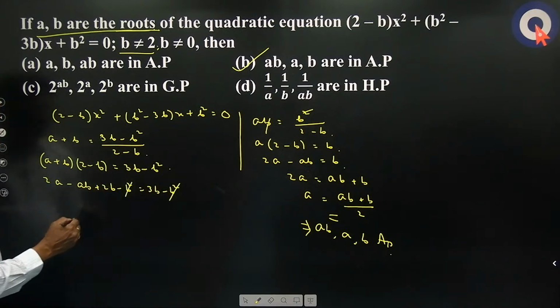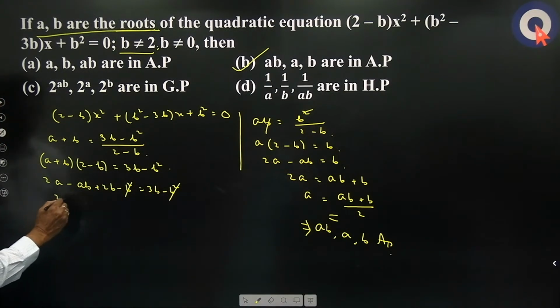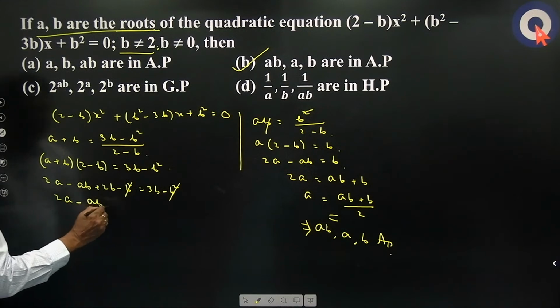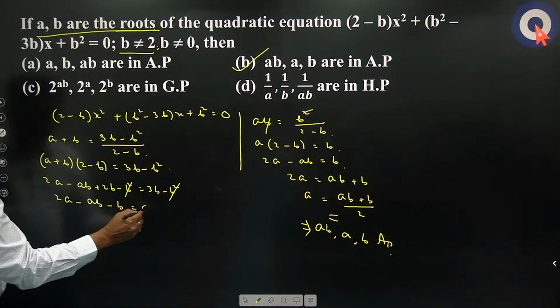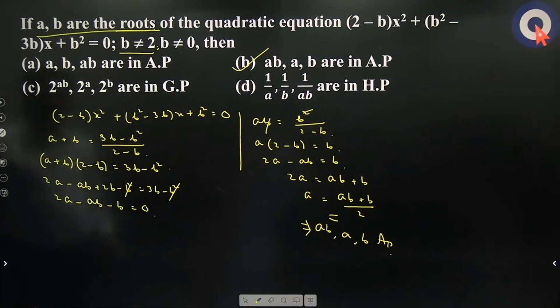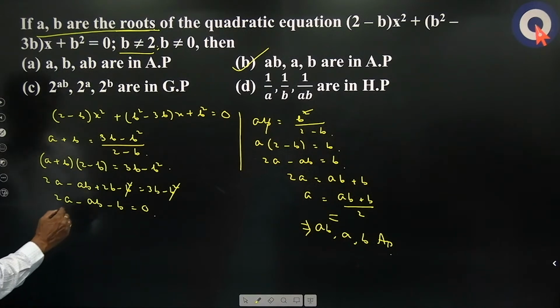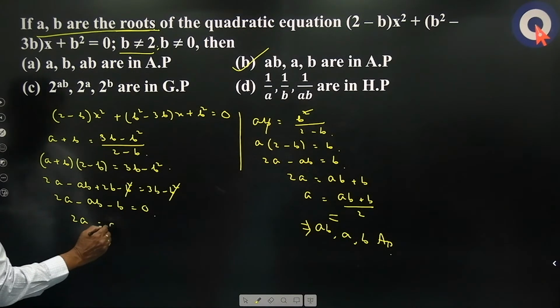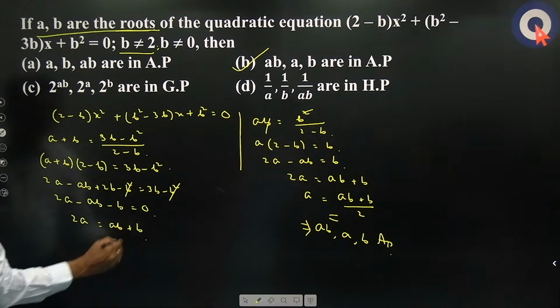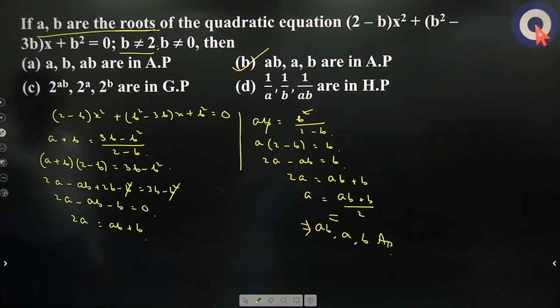So as such, we get 2a minus ab minus b is equal to 0. So what we get here is 2a is equal to ab plus b.